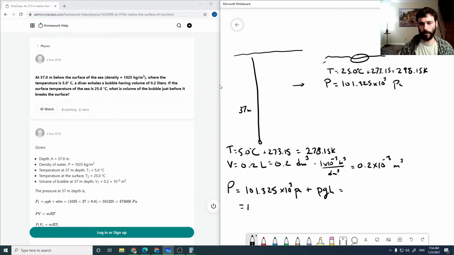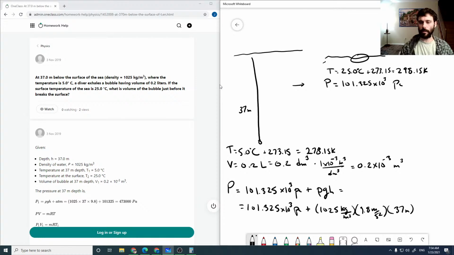So we're given the density as 1025 kilograms per meter cubed times 9.8 meters per second squared times our h, which is 37 meters.